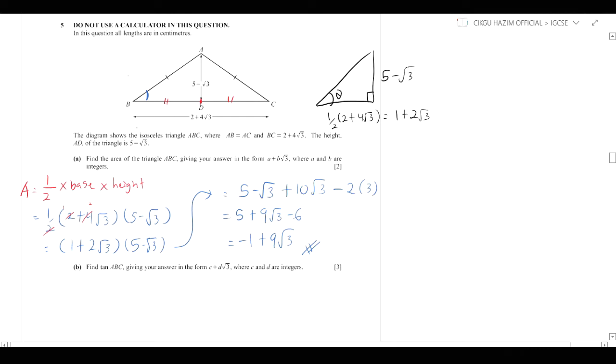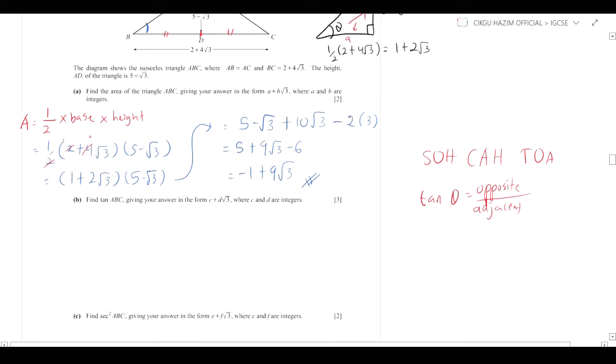The question asks about tangent. You can remember it with SOH CAH TOA, so tangent theta equals opposite divided by adjacent. Here is the opposite and here is the adjacent.